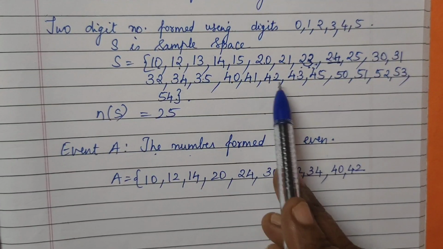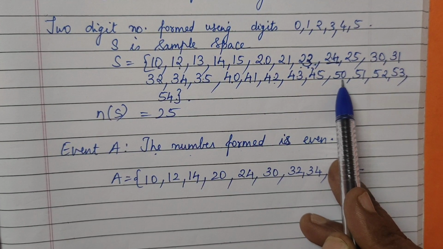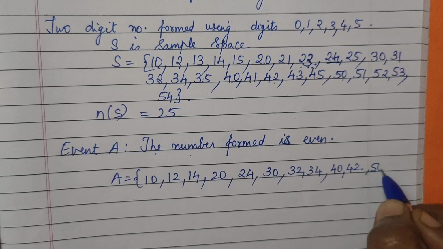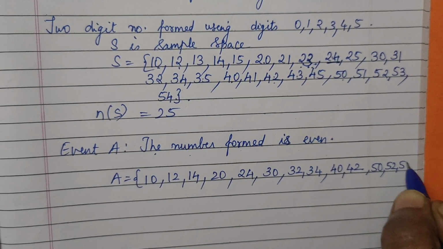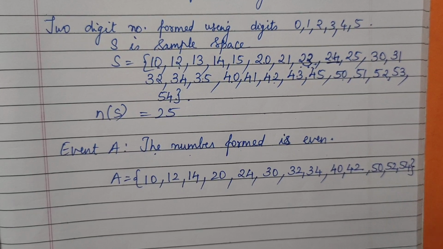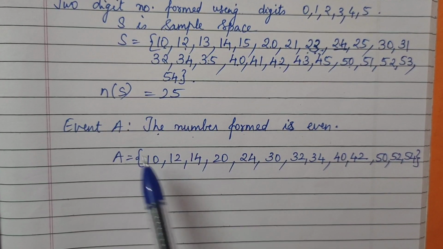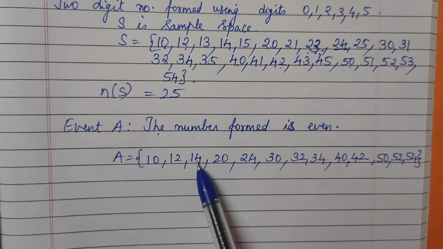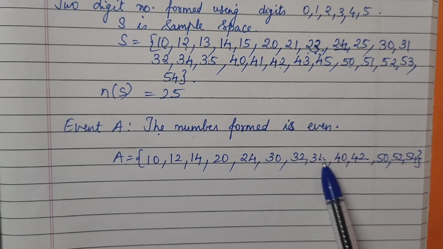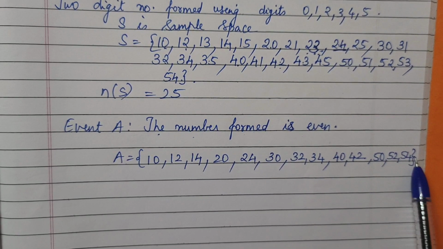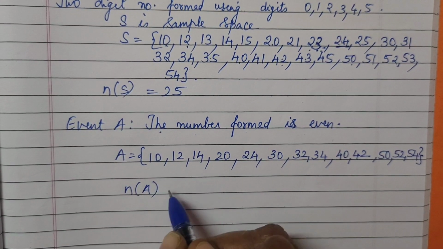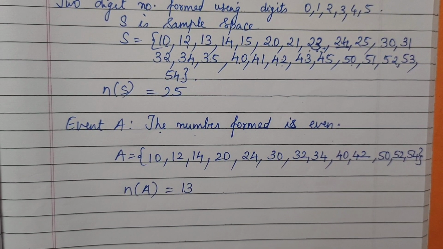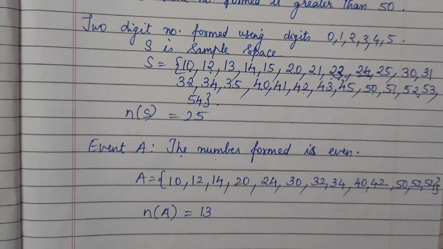I have completed till 42. Now for 50, then 52, 54. Now I can close the curly brackets. So let me count it. 1, 2, 3, 4, 5, 6, 7, 8, 9, 10, 11, 12, 13. So I got number of sample points in the event A is 13. Clear? Let's go for the next event.